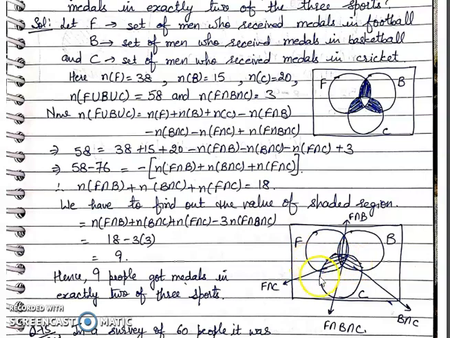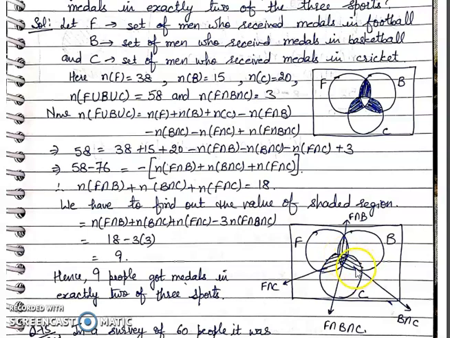And F intersection C includes this outer portion plus this common portion. Means this required shaded portion plus 3, common to all these three. So when we observe these two Venn diagrams, we observe that in F intersection B, this common portion is also included.